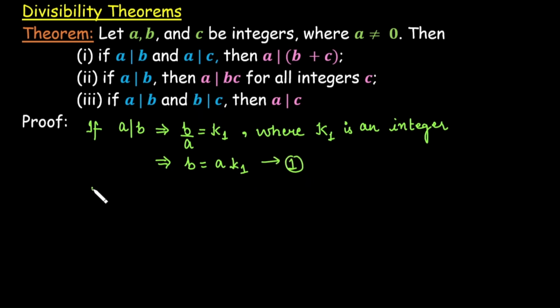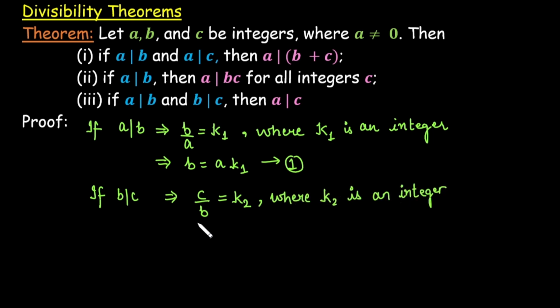Now take the second condition. If B divides C, it means C by B is equal to K2, where K2 is an integer. So from here we can write C equals B times K2. Let's suppose this is equation number 2.